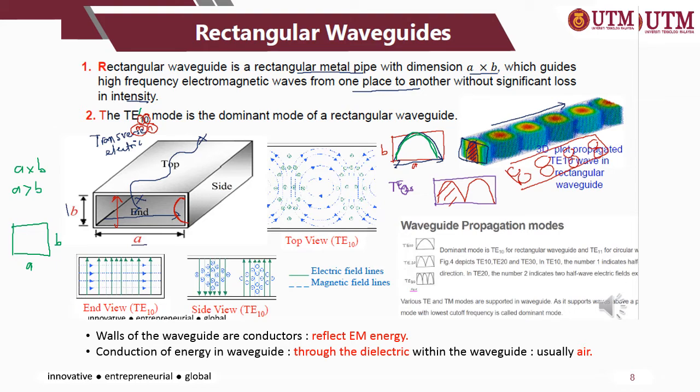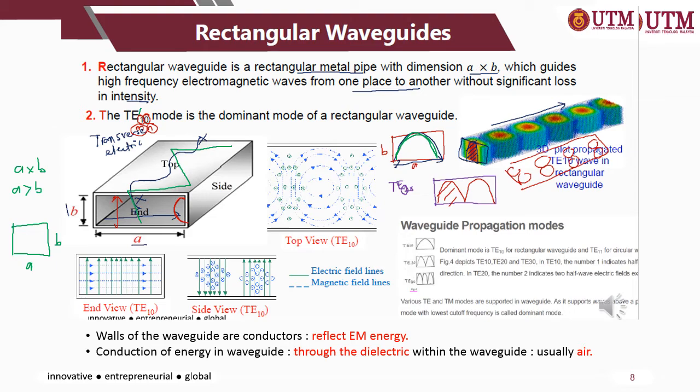So the signal or the wave will be propagated in a zigzag motion inside the structure, and it will be reflected by the wall of the rectangular waveguide.